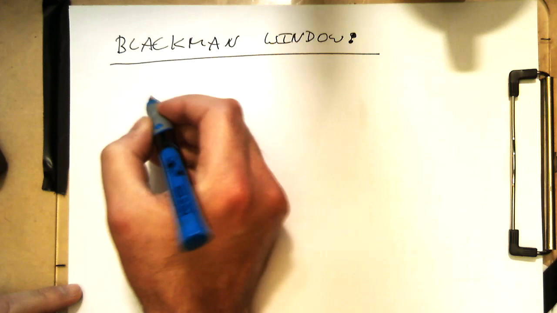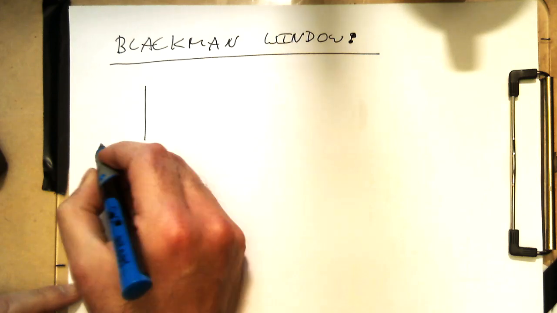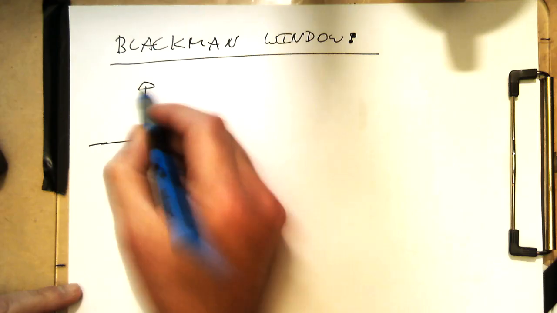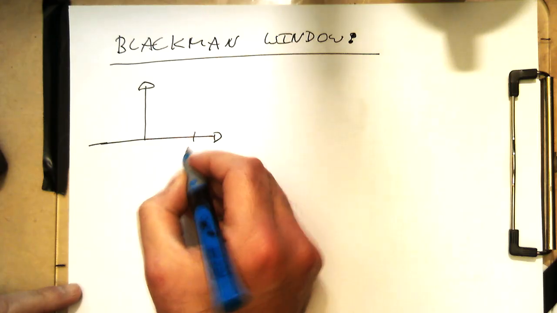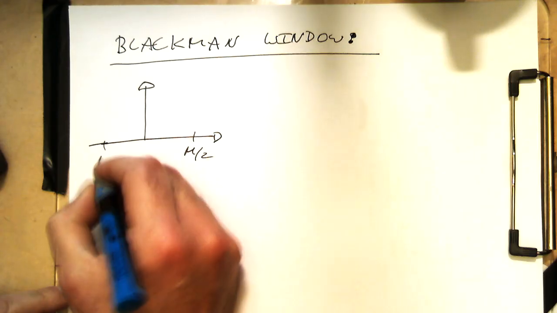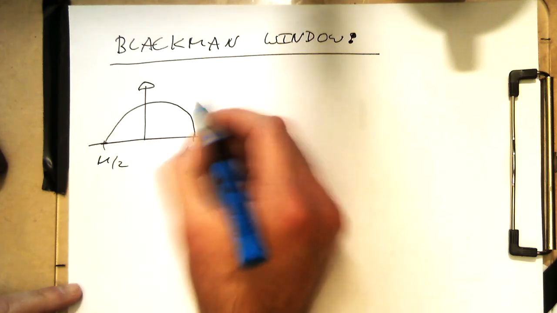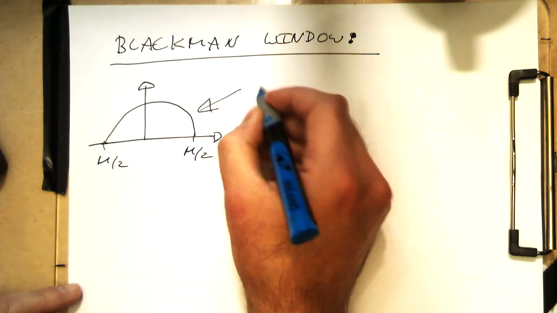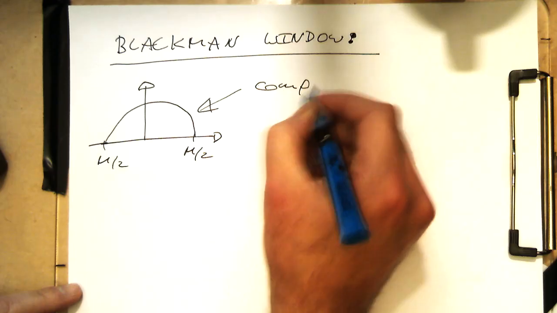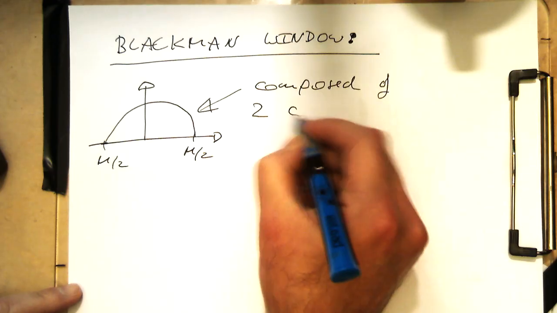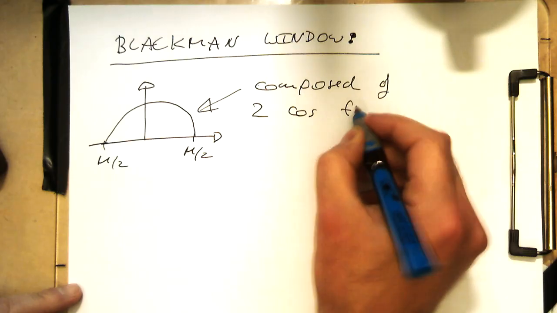Without drawing the mathematical formula for this, it looks pretty much again like what we had before, but in this case it's composed of two cosine functions.